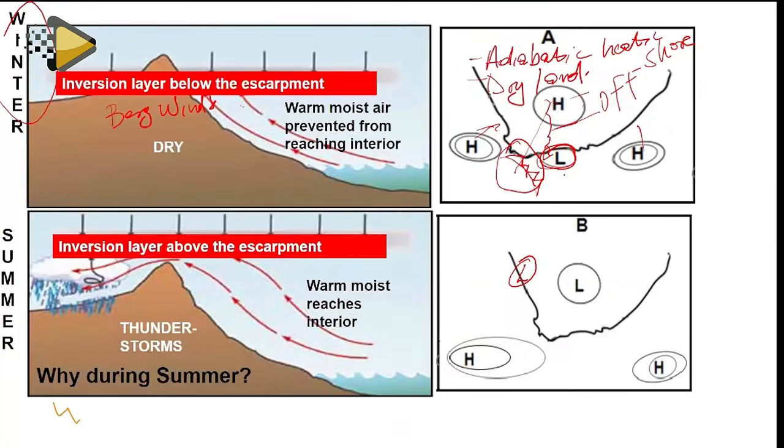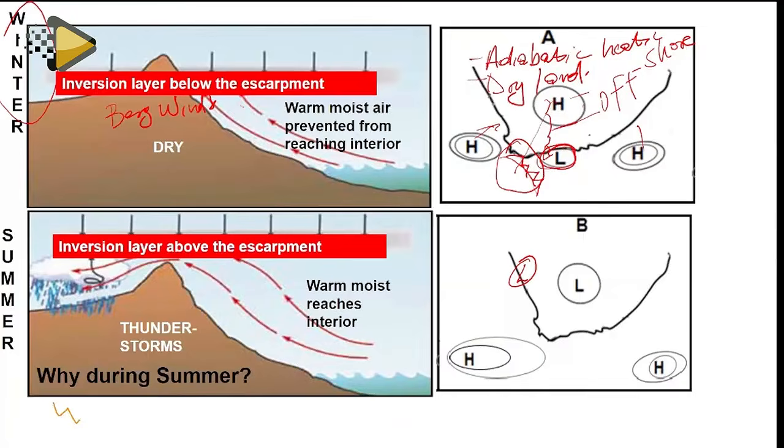So when the examiner asks what factors favor the development of berg winds here, you must know, if you have a mid-latitude cyclone, it will be the high pressure and the mid-latitude cyclone, or it will be the high pressure and the coastal low. And what you should know again about the coastal low is that, of all the low pressure cells, coastal low pressure cells are not associated with heavy rainfall.